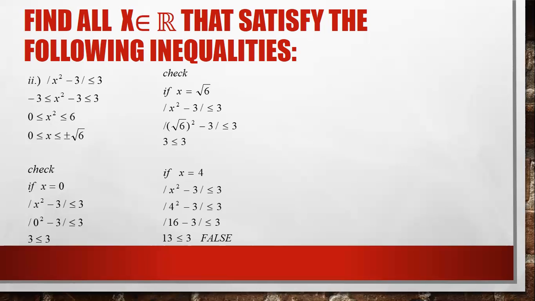So the absolute value of 16 minus 3. 16 minus 3 is 13. So the absolute value of 13 is 13. So 13 less than or equal to 3. Is it true that 13 is less than or equal to 3? Not. So therefore, if our x is greater than the square root of 6, we will come up with a false conclusion. So it does not satisfy our equation.